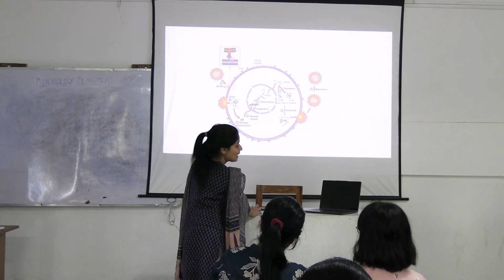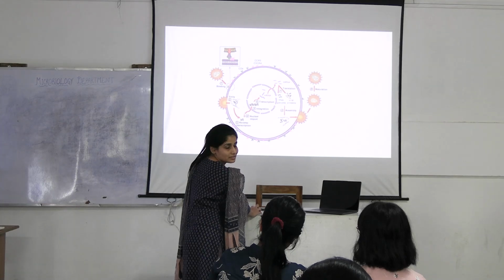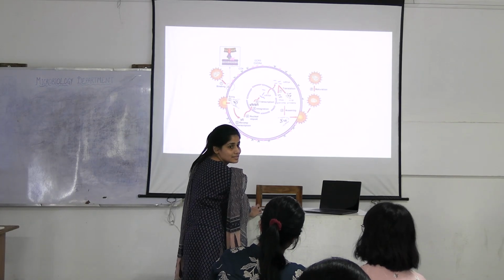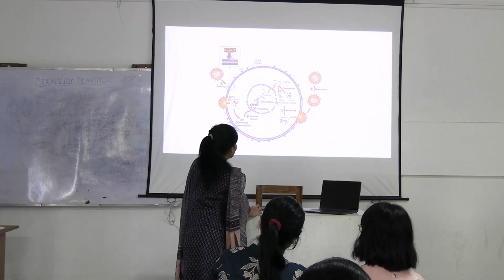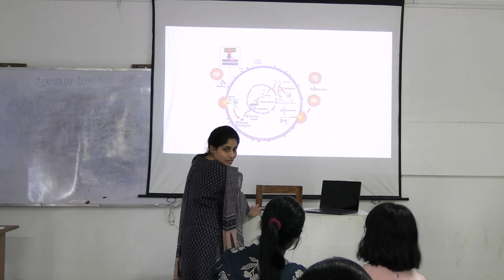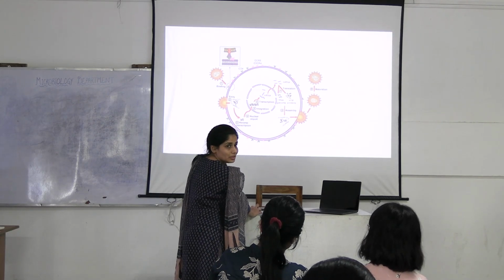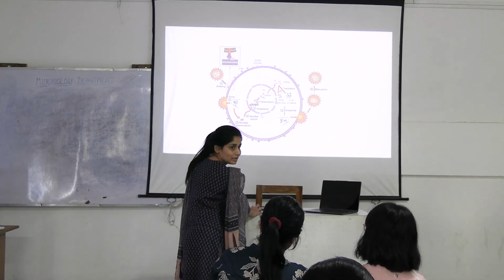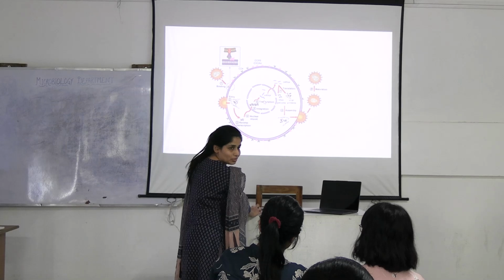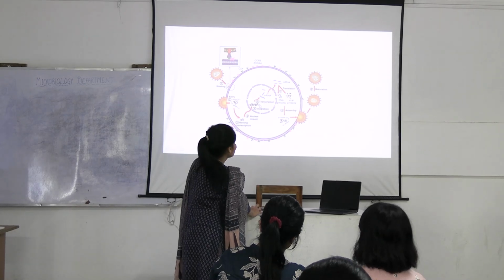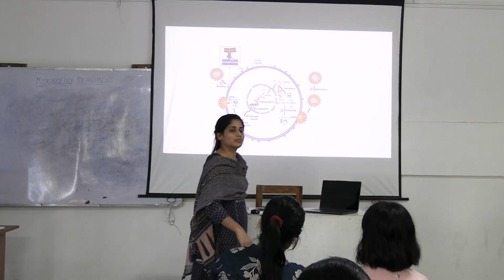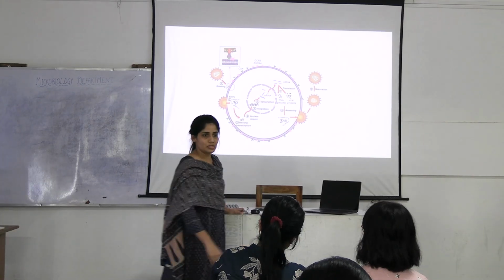But these are RNA strands, right? These are RNA, and the human cell has DNA. So what will happen? Reverse transcription will take place and this will be converted into DNA. This DNA will be incorporated in human DNA, and that's how the RNA genome, there are steps of viral replication that you have to study.